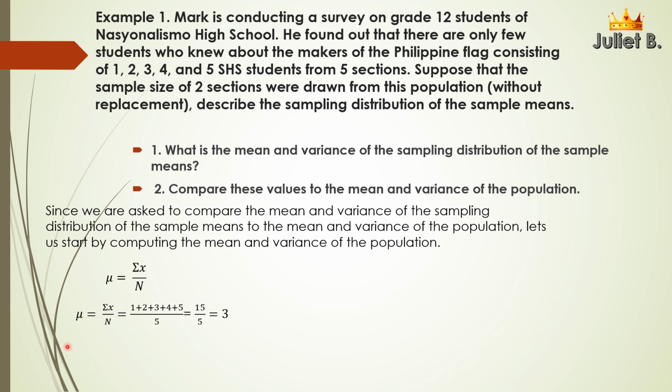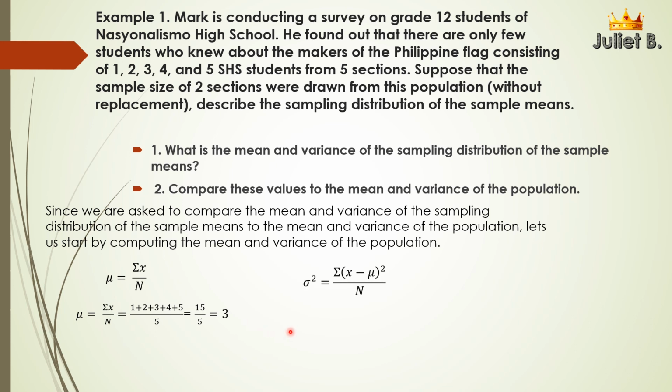So with that, we have our population: 1, 2, 3, 4, and 5. So the summation of x is equal to 1 plus 2 plus 3 plus 4 plus 5 divided by the population size, which is 5, equals 15 divided by 5, which is equal to 3.